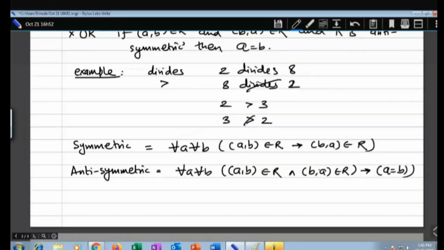Are you getting me? So this is for antisymmetric and this is for symmetric.